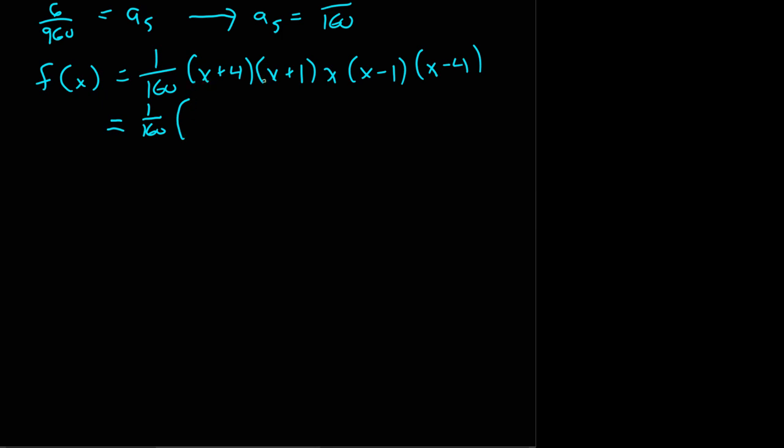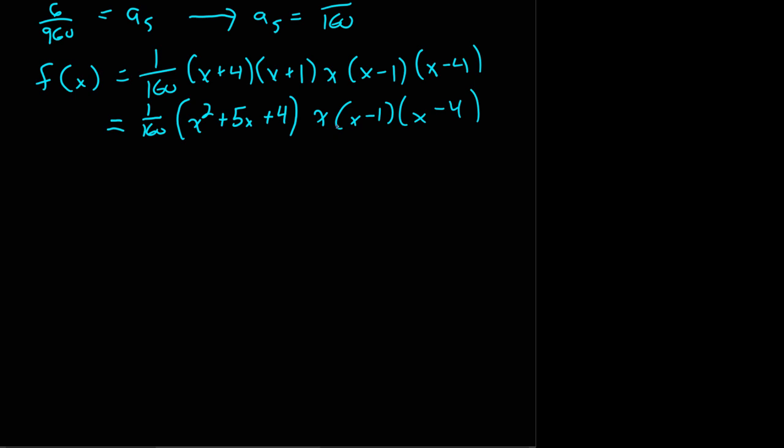So x times x is x squared. x times 1 is 1x, and a positive 4x. That gives me 5x in the middle there. All right, doing my FOIL, and 4 times 1 is 4. So these two terms have combined, and I have an x minus 1, and an x minus 4.